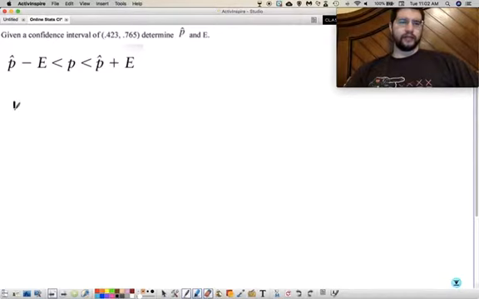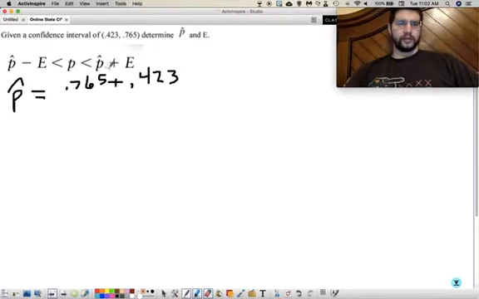So in order to get P hat, I'm going to do my upper plus my lower. Now the E's are gone, I have two P hats, so I need to divide it by 2. Wherever that is, would be my P hat. For my error, I'm going to subtract them. If I do upper minus lower, the P hat will cancel.